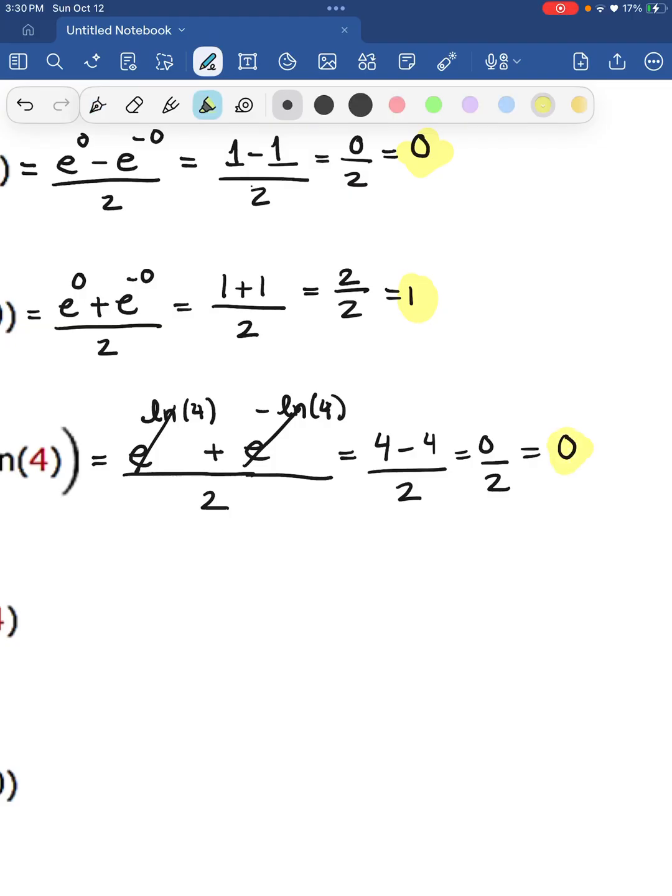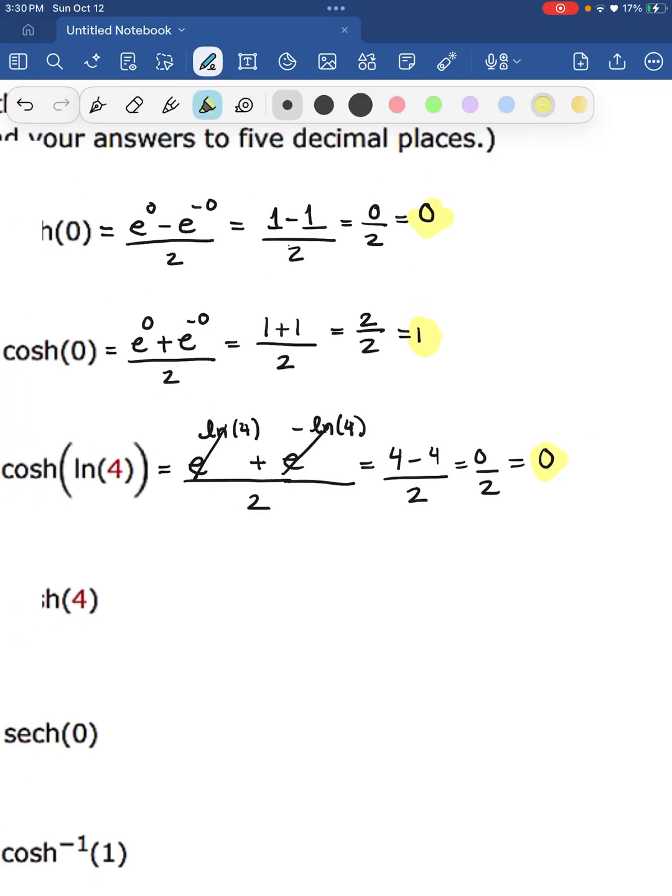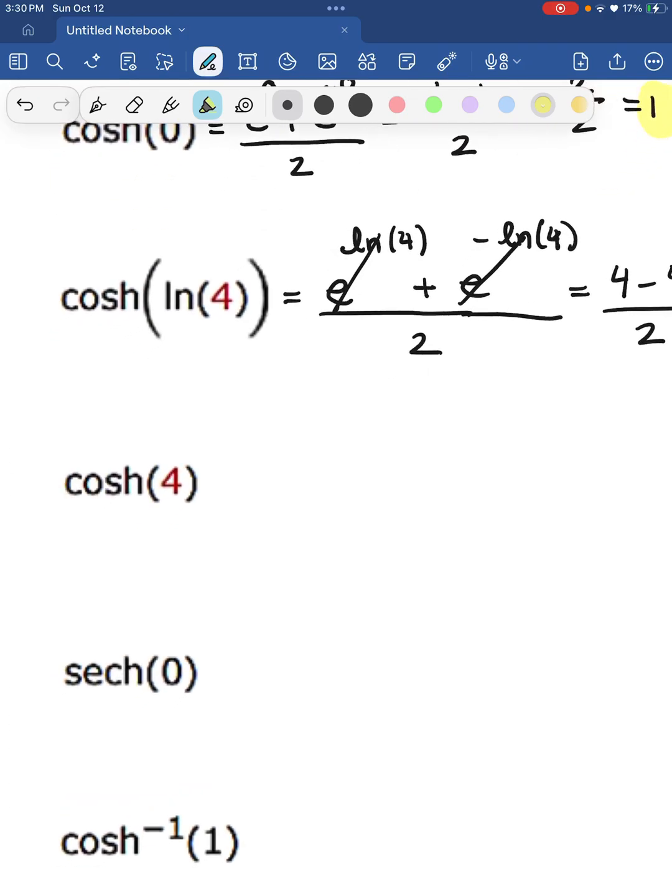And again, based on the instructions here, we want to go to 5 decimal places. So e to the 4th is actually 54.59815.